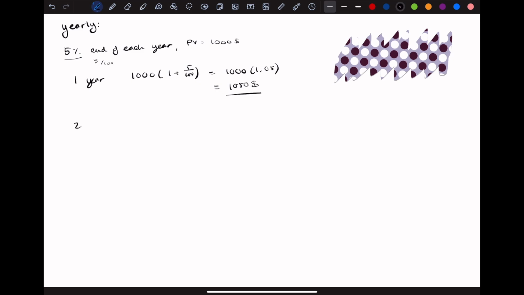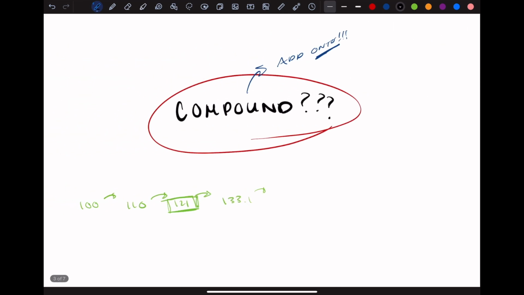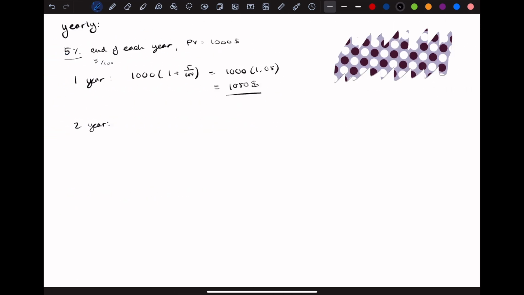Now the second year, and remember again back to what I said about this being added on. Now we're going to take the 5% from this. But what if we don't want to do all of these intermediate steps? What if I want the second year right away? Well, then I can just write my first expression, and then I know that I will have to take again my present value, which in this case is this value right here, and multiply it again by my interest.